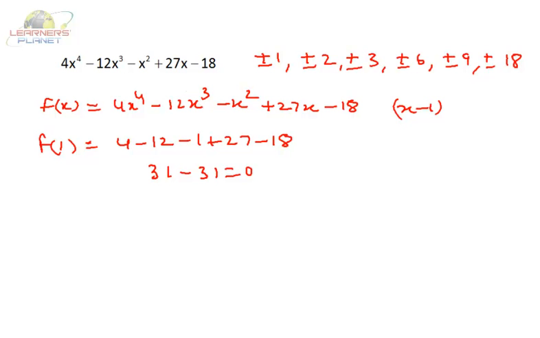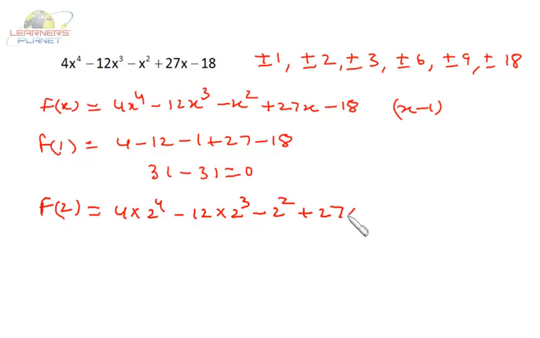Now I put the value of x as 2. So f of 2 is equal to 4 into 2 raised to 4 minus 12 into 2 cube minus 2 square plus 27 into 2 minus 18.